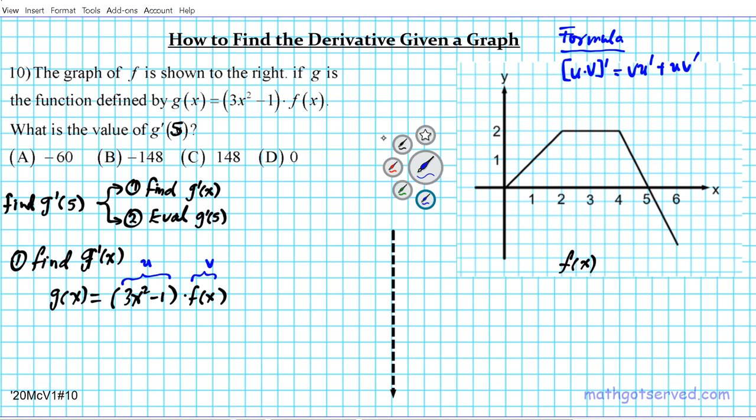So when we apply the product rule, g prime of x is going to be v, which is f of x, times u prime. If you differentiate 3x squared minus 1, you get 6x, because the derivative of 1 is just 0. So that's vu prime plus u, which is the quantity 3x squared minus 1, times v prime, which is f prime of x.